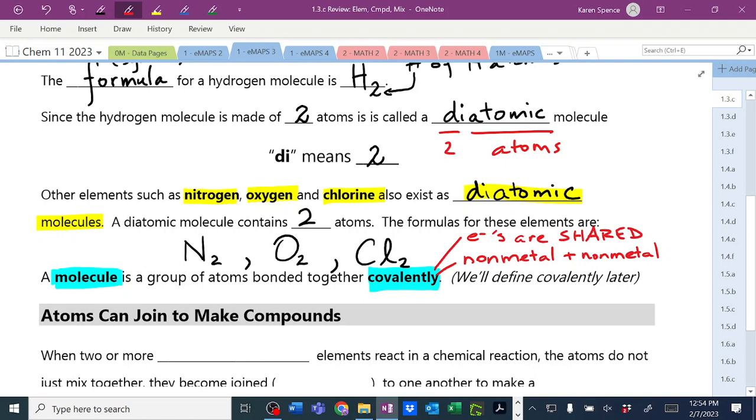Like if you were to look up at that one, because that one's got lovely color coding, okay? You have a blue section, you have a purple section, and you have a pink section. Which one would be the non-metals? That would be the pink section, okay? So if you have things from the pink section that are joined together, those are going to be covalent bonds, okay? And when you have covalent bonds, you form a molecule.